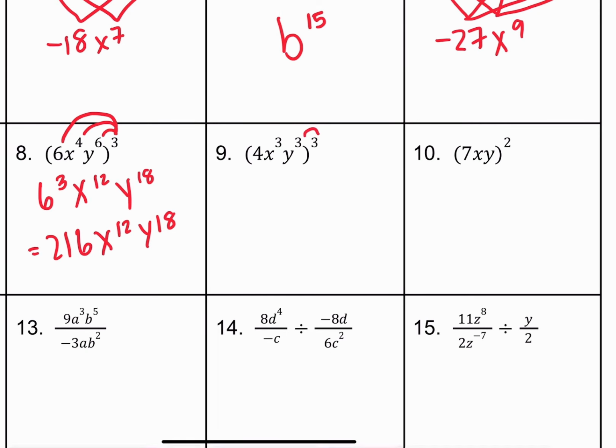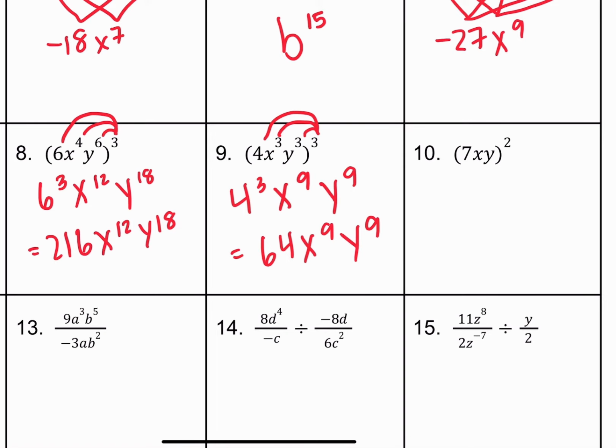Number 9, that would be 4 to the 3rd power, x to the 9th, y to the 9th. And then if you do 4 to the 3rd power on your calculator, that would be 64, x to the 9th, y to the 9th.